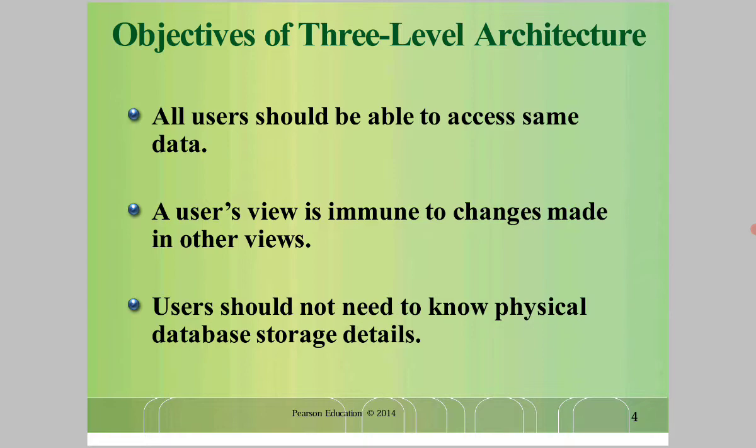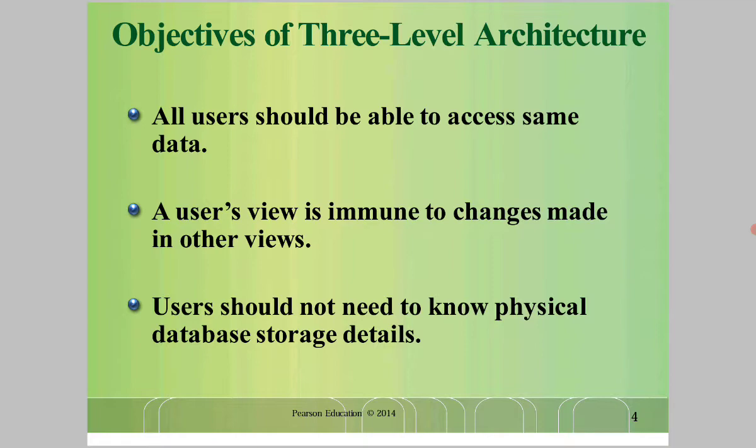Why do we require a 3-level architecture? All users should be able to access the same data from centralized databases. Every application or every database user can access the full database, all the tables and all the components of the tables.